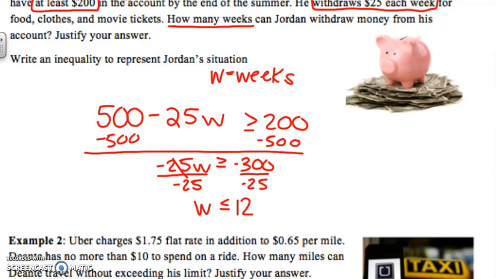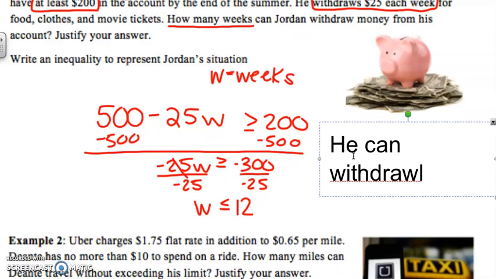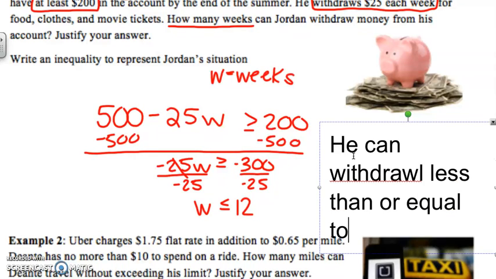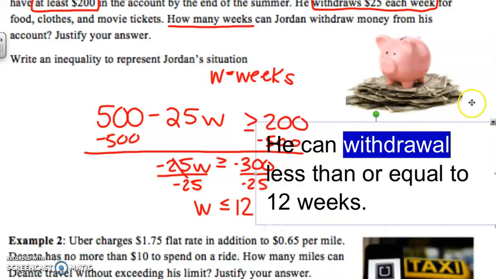What that means is that he can withdraw money for at least 12 weeks. So I'm going to write a little sentence about that. He can withdraw less than or equal to 12 weeks. And I spelled withdraw wrong. There we go.